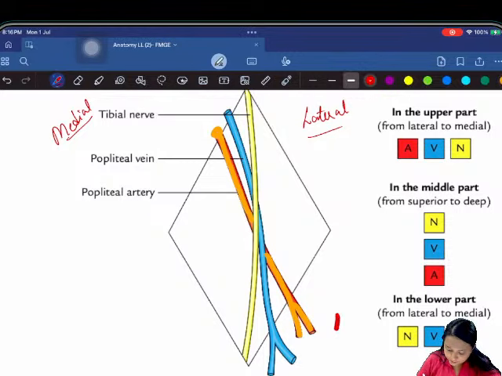So here it is lateral, this is medial, right? So the popliteal artery is traversing from medial to lateral. If you just remember that, and then you can see the vein is traversing on the medial aspect, and the nerve, let me show you the green, the tibial nerve is going straight.